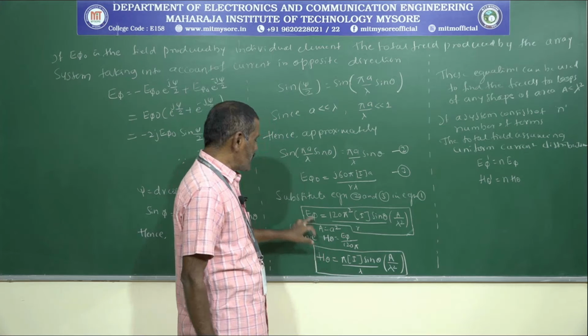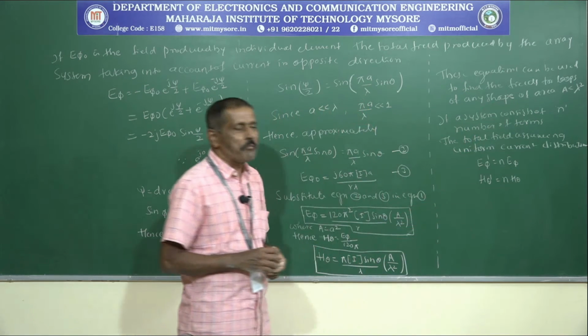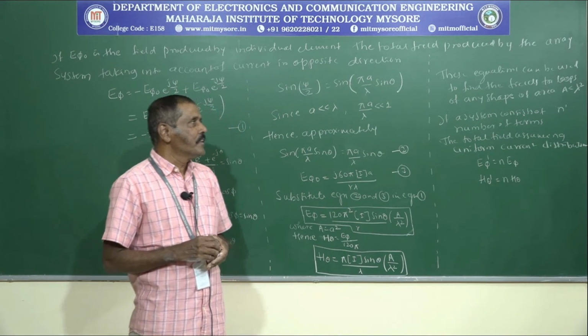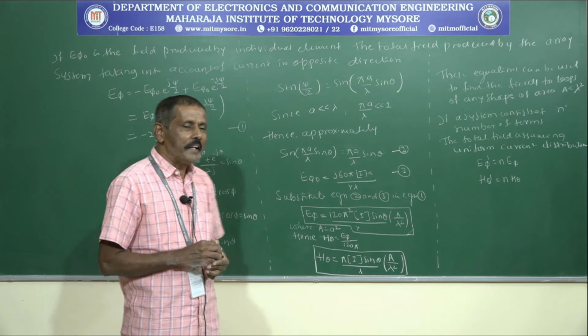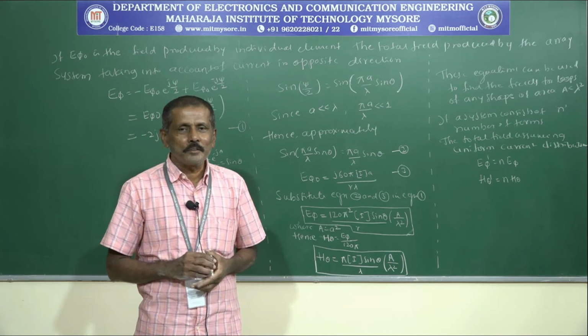Now these two equations, E phi and H theta, can be used to find the field due to loops of any shape for an area A less than lambda square.